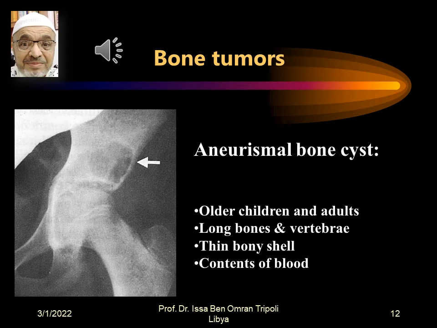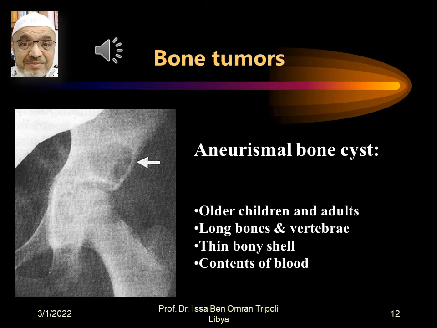In comparison to the simple bone cyst, we find the aneurysmal bone cyst. It is more affecting the older children and adults, usually in the long bone or vertebrae in the spine.